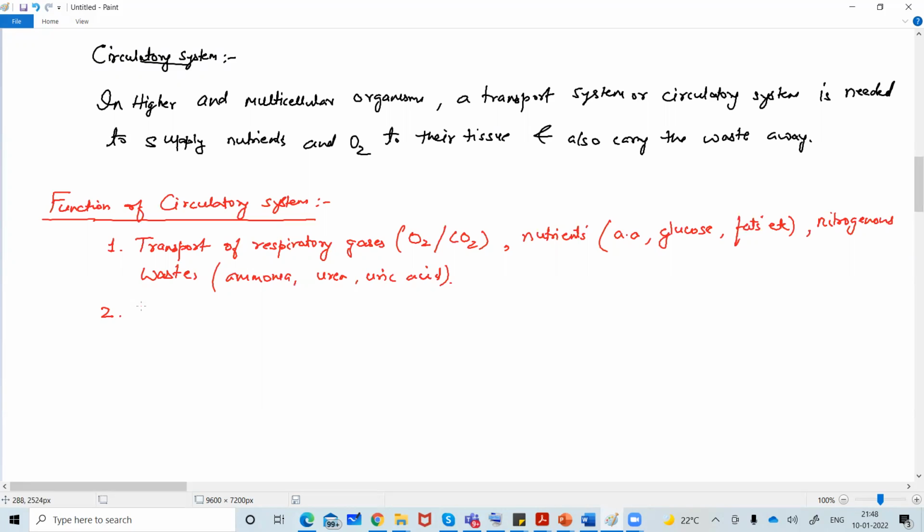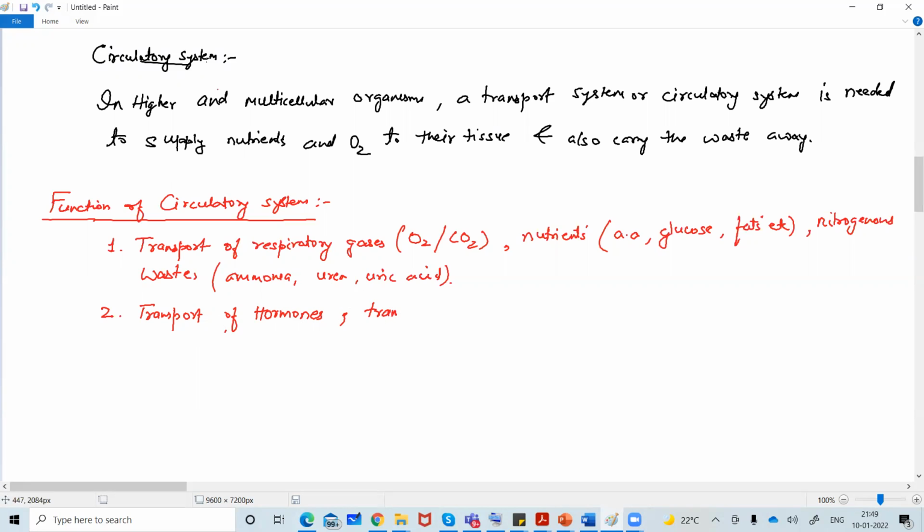They also transport hormones. You can say transport of hormones such as adrenaline. This is a triple F hormone which provides immediate energy to the body to work under very rare circumstances where you need to do something very quick and instantly. Then what else? Transport of intermediate metabolites.